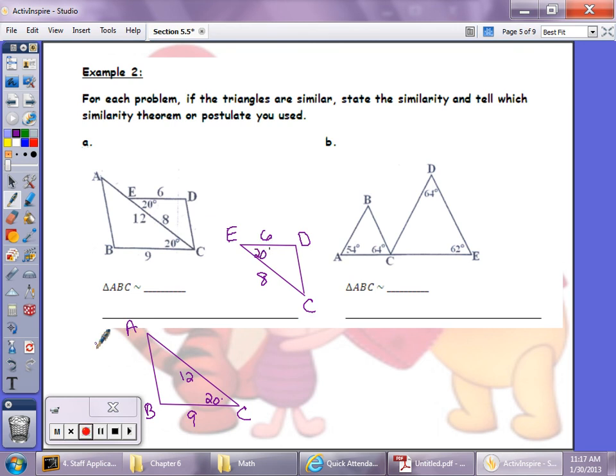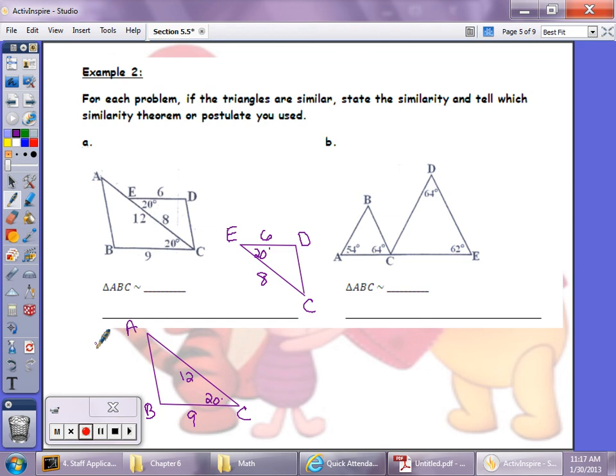So the first thing we need to do is to see if these triangles are similar. Based on the angles and the side measures that they've given us, we can possibly prove side-angle-side. So we do have an included angle that is the same for each at 20 degrees. What I need to do now is prove whether the two sides that have been given to us have the same ratio. So again, remember to match up the smaller side in ABC to the smaller side in CDE, and so on and so forth.